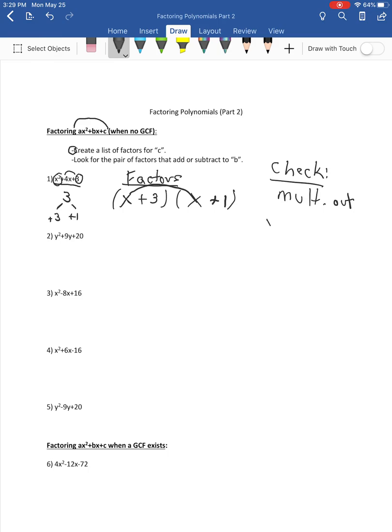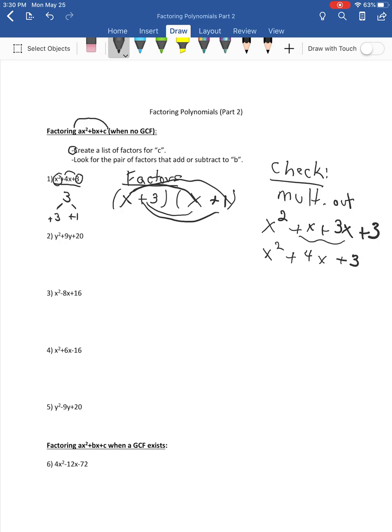We distribute: x times x is x squared, x times positive 1 is plus x, 3 times x is plus 3x, and 3 times 1 is positive 3. And then the middle terms are combinable, so x squared plus 4x plus 3, which is what we started with, which means that we have the correct factorization.